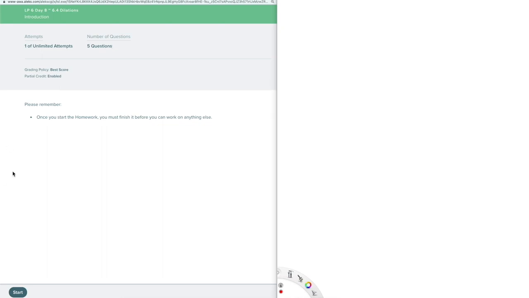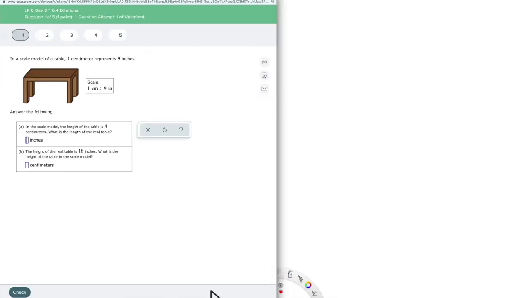Down here it says, please remember once you start the homework, you must finish it before you can work on anything else. What that means is once I click start, down here in the bottom right-hand corner, you will see a submit assignment button. I don't see that on the teacher preview here, but you will see it on your screen. And you want to click that button before you move away from the screen.